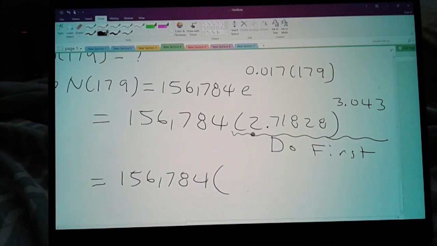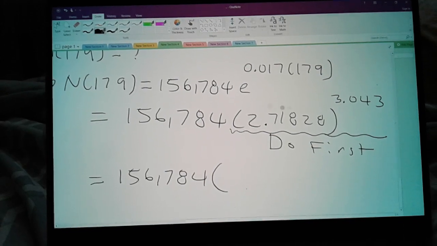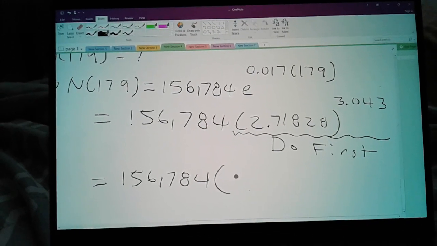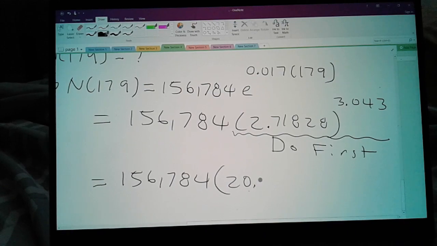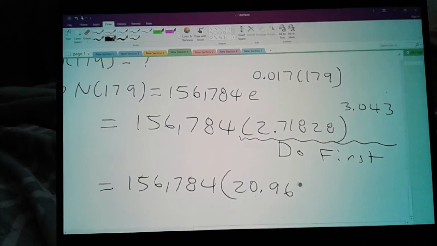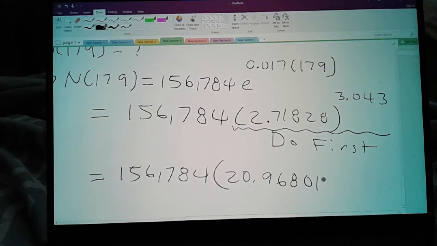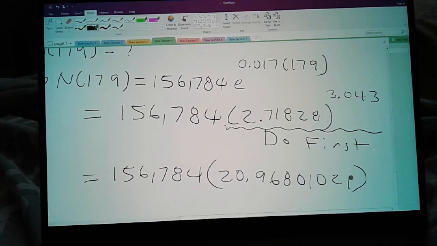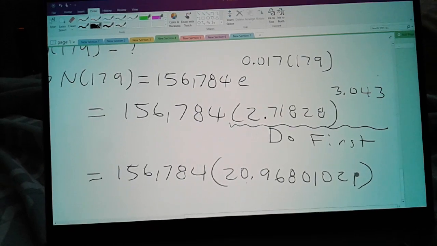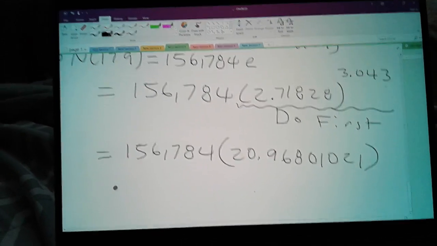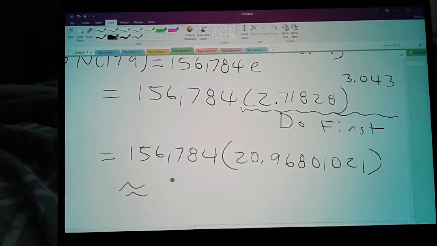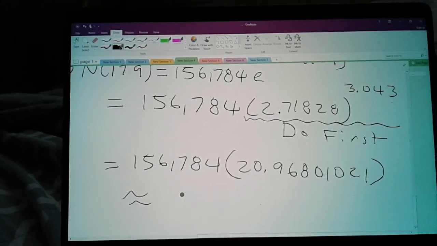So if I raise 2.71828, which is e, to the 3.043 power, we get 20.968011021. So since we're dealing with people, I rounded to the nearest whole number.